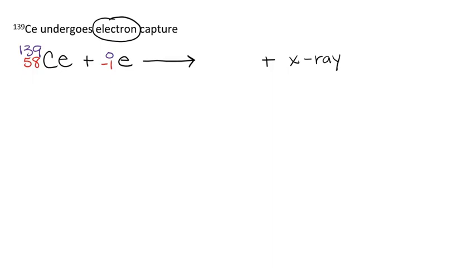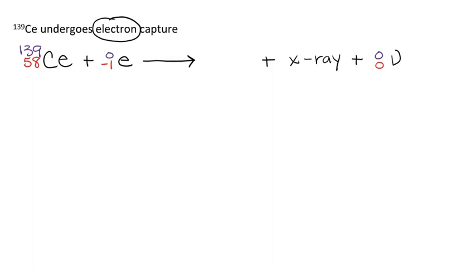So the X-ray is produced as electrons shift around because that first electron was captured, and that is the high energy radiation that is emitted. This process also has a neutrino that is emitted. So we're going to write that one down.